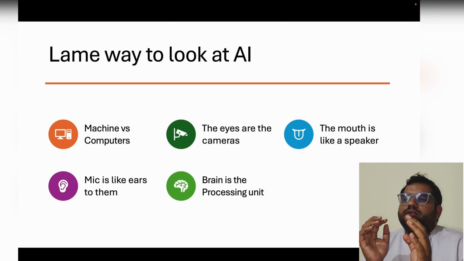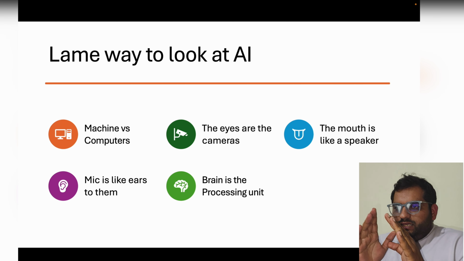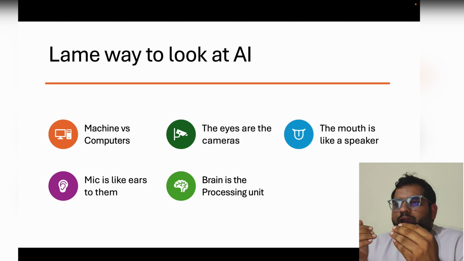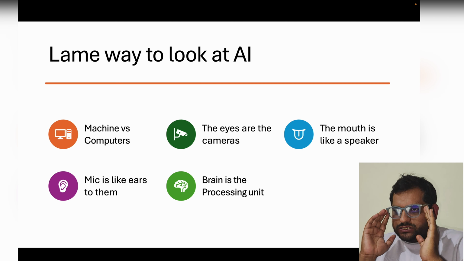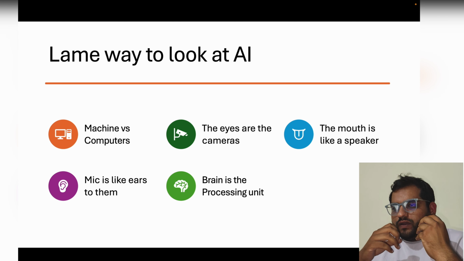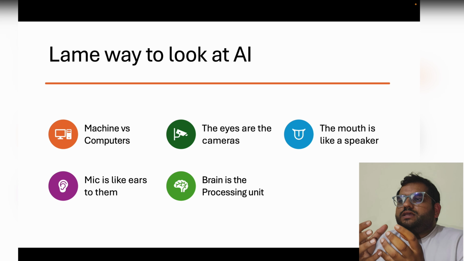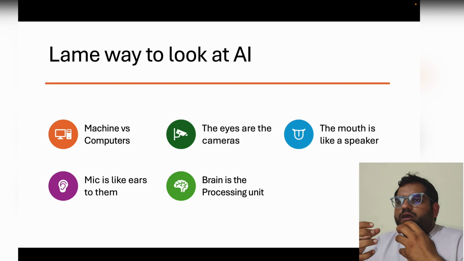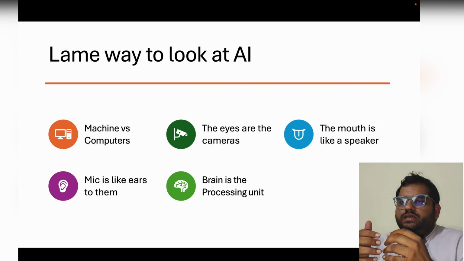Now, understand our brain is a processing unit, and in the brain, we see a picture and we are able to match it to see what it is, how it is, and what things are around it. So our cameras, which are our eyes, see things and we interpret them with the help of our mind. Similarly, whatever we want to speak is another method where we are just producing sound with the help of the mouth, but our brain is targeting how to speak the things.